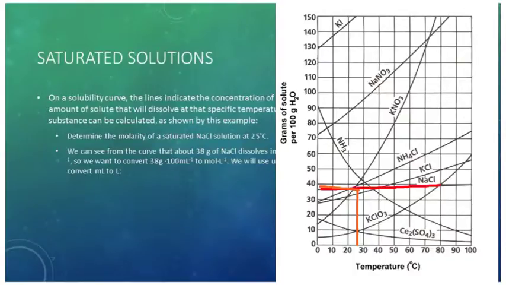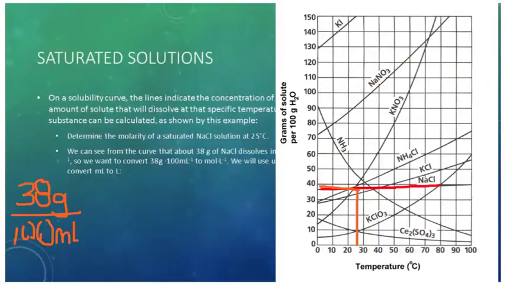So the first thing we need to do is convert this to molarity. We have 38 grams in 100 mL. That's a concentration, but it's not molarity. Remember, for molarity, we need to first convert from milliliters to liters so that we can then figure out our molarity.